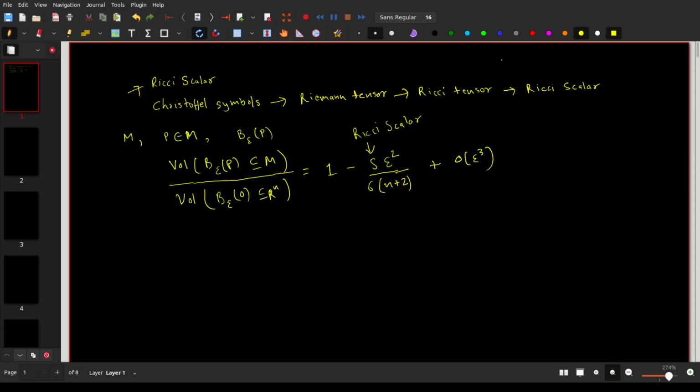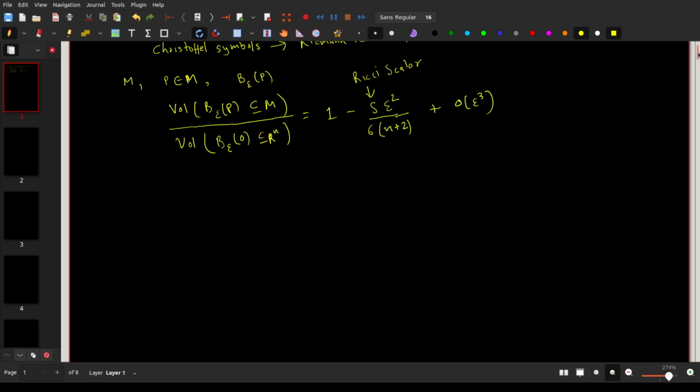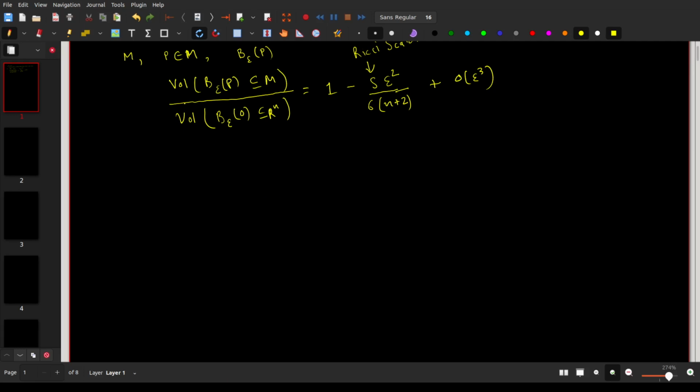So using this method we can calculate the Ricci scalar of a Riemannian manifold. All we have to do is take a ball of radius epsilon.